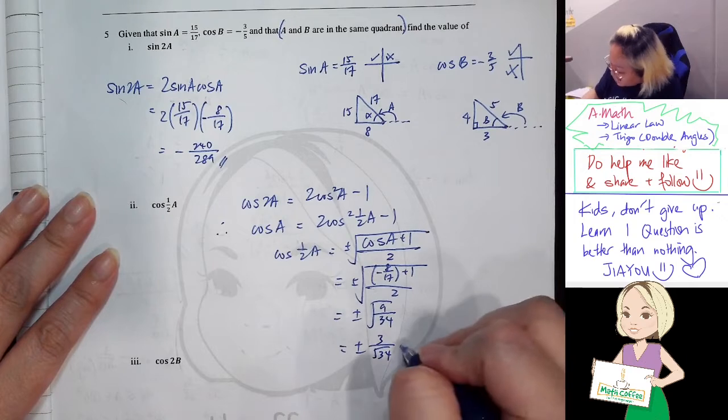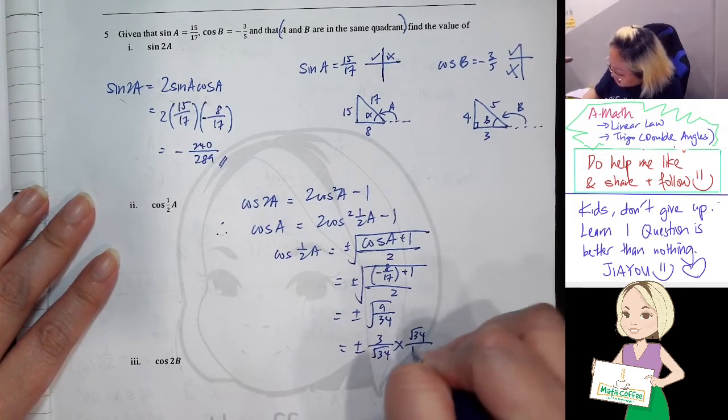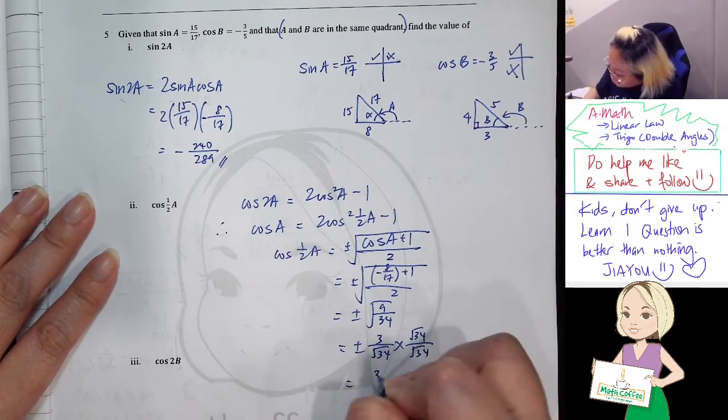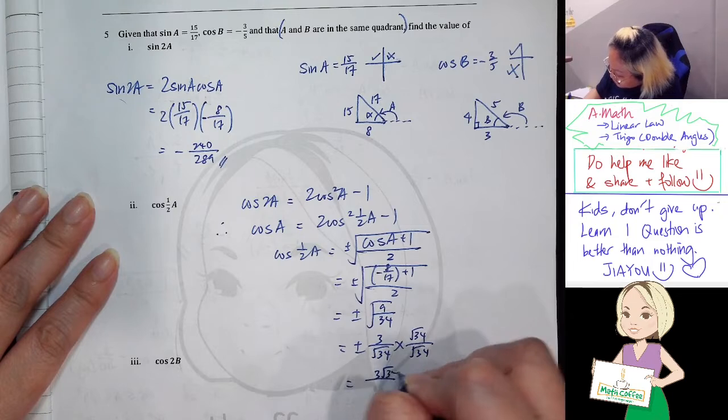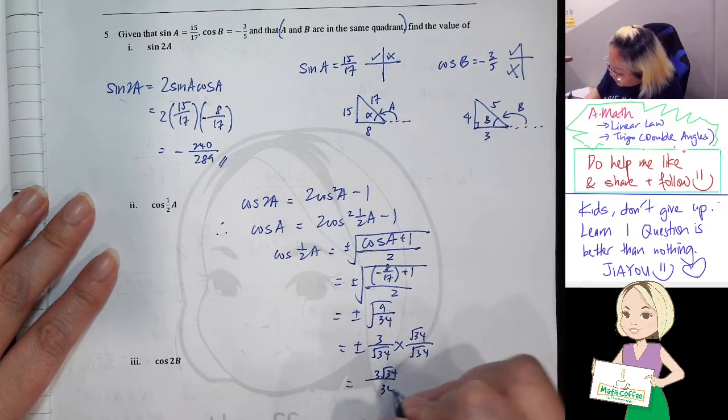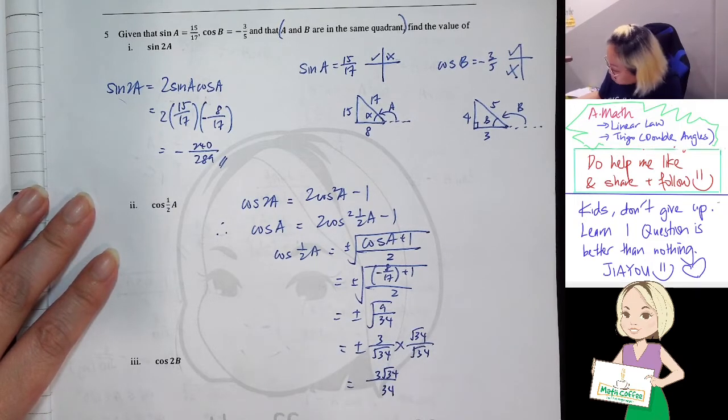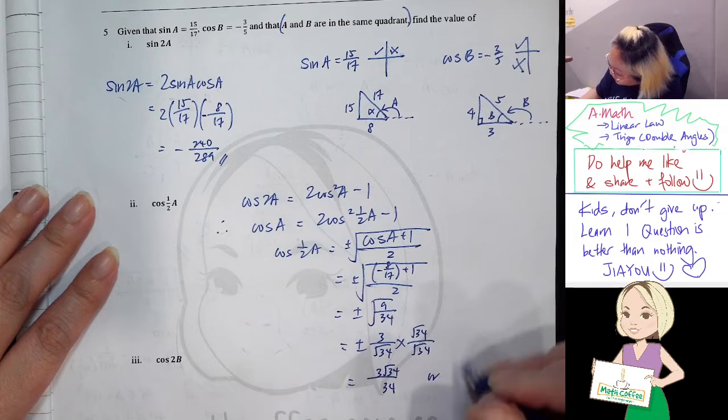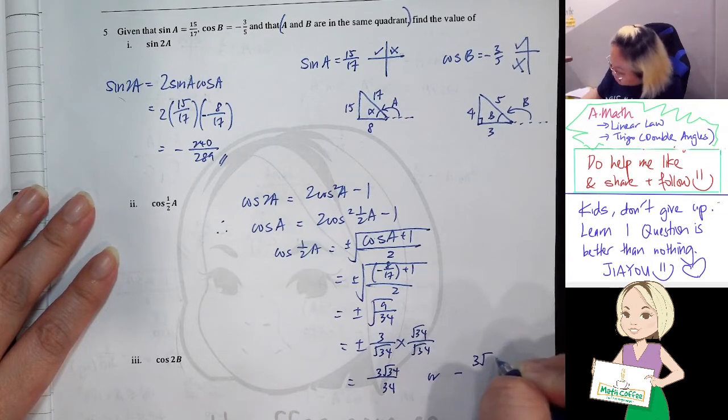Sorry, rationalize it. So we have 3 square root 34 over 34, or negative 3 square root 34 over 34.